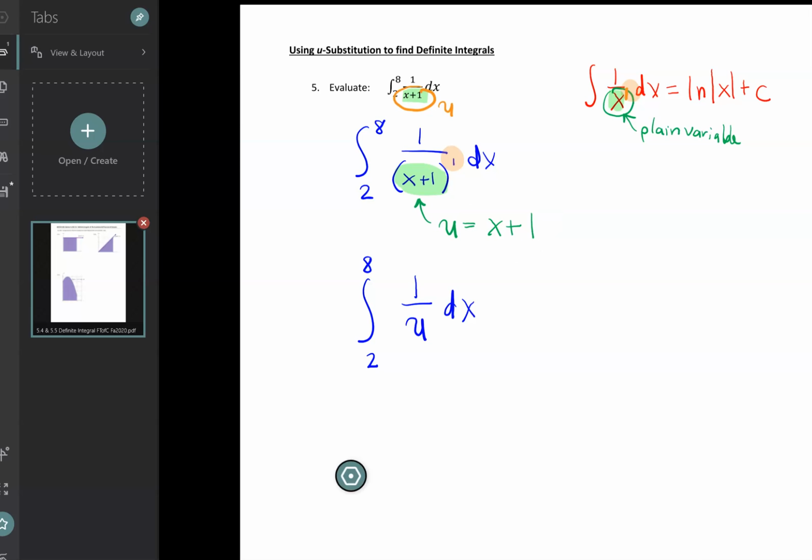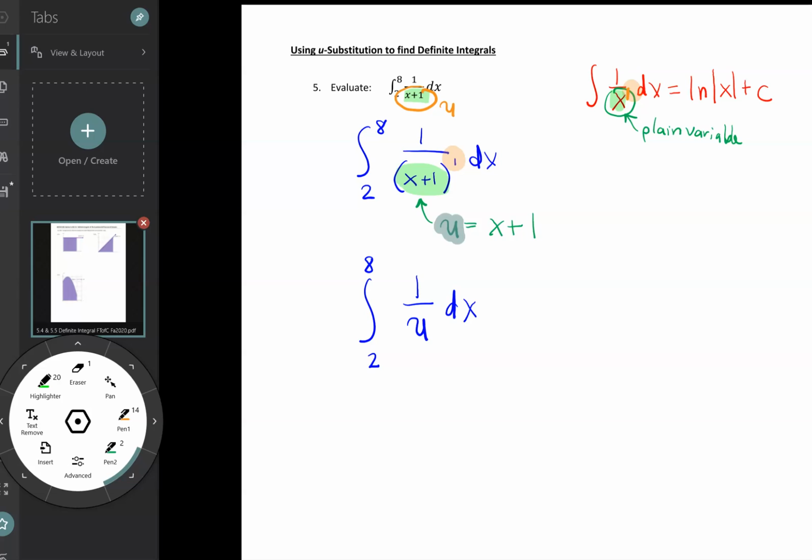Let me move this over here a little bit. Okay, so the derivative of u with respect to x is just going to be 1 plus 0. That's just 1. Then I move my dx to the other side. So all this is familiar. That 1 is understood there.